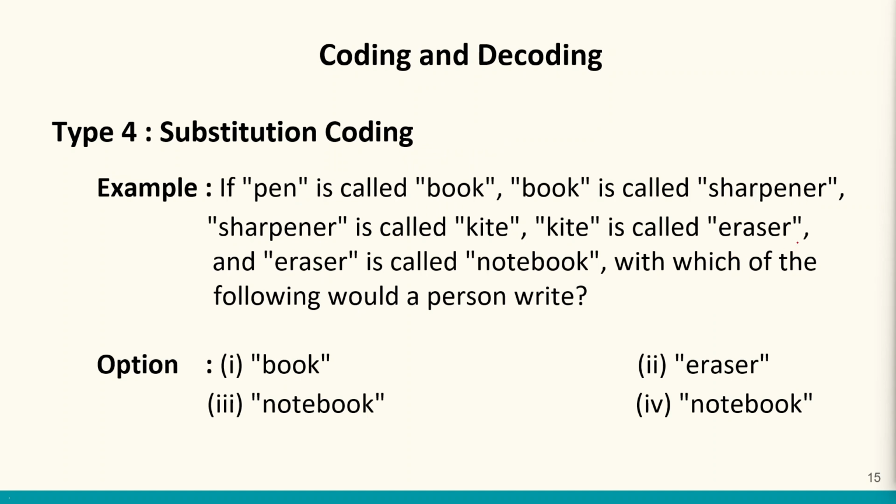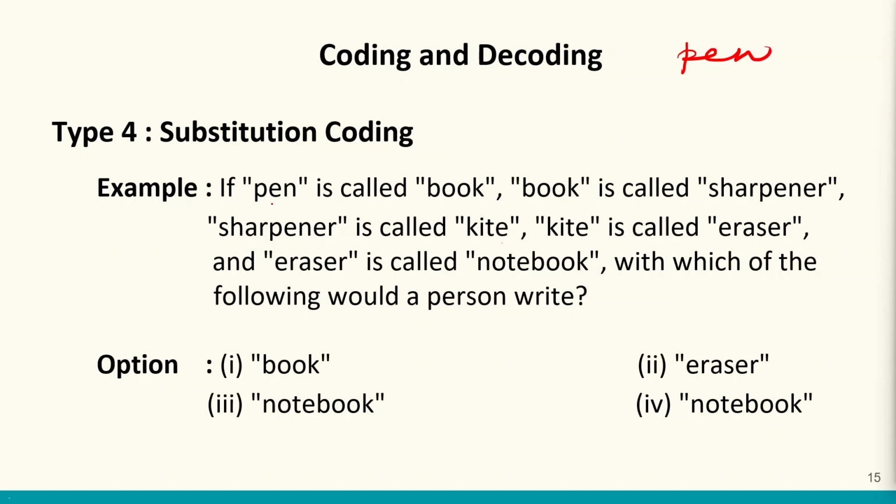Then we have substitution coding. Okay, so in this question it is said that pen is called book, book is called sharpener, sharpener is called kite, kite is called eraser, eraser is called notebook, and we have to find out with which the person would write. So if we follow the logic, normally a person would write with a pen, right? But over here, do we see pen as an option? No. So maybe the answer is something different, and that we have to find out.